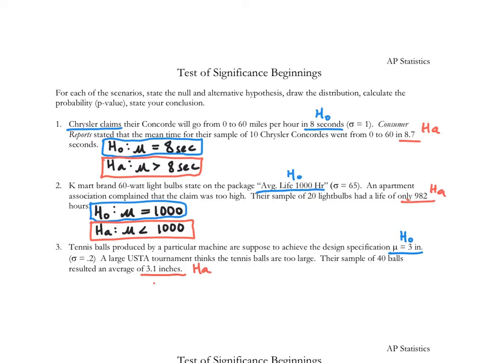So that gives us two hypotheses. Either the average diameter is 3 inches, but the alternative, when we compare it to 3 inches, the alternative was 3.1, which is greater than 3 inches. Okay, that's part of it done, right?